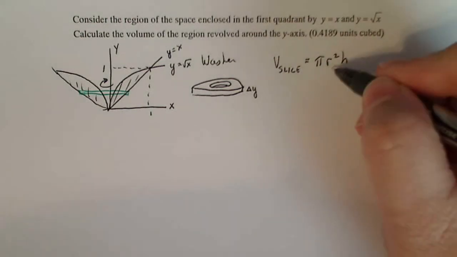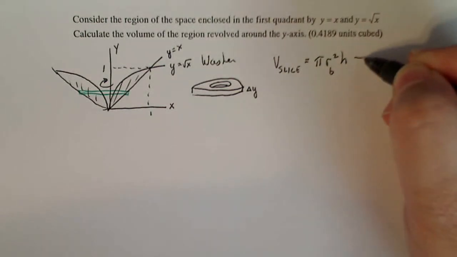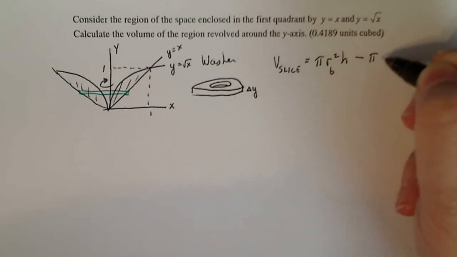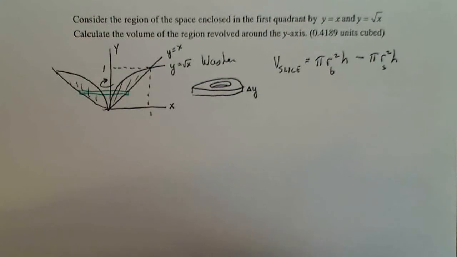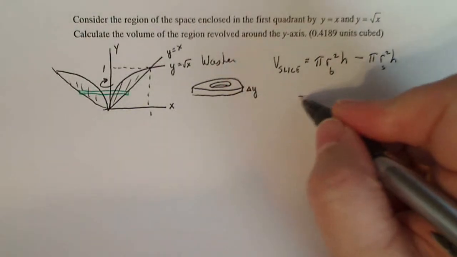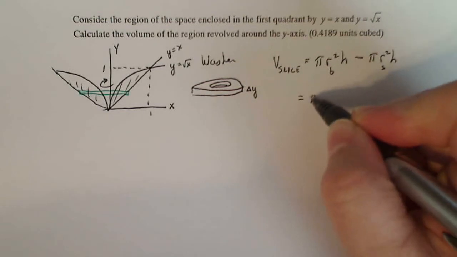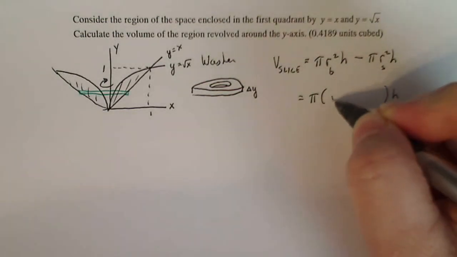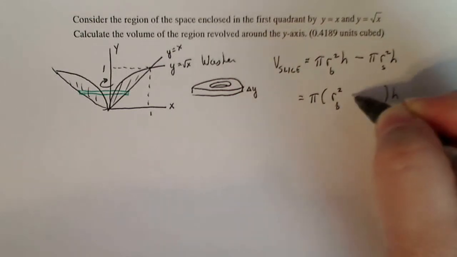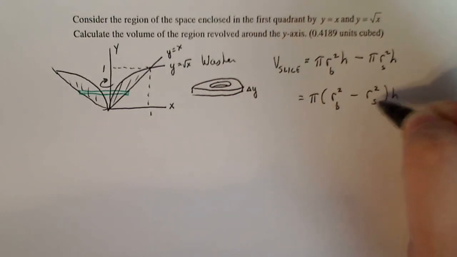That's its volume, but r is the big one, and I have to take away the hole, which is pi r squared h, where r is the small radius. So notice I can factor out a pi and an h, so I'll do that. And I have to take r squared of the big radius minus r squared of the smaller radius.